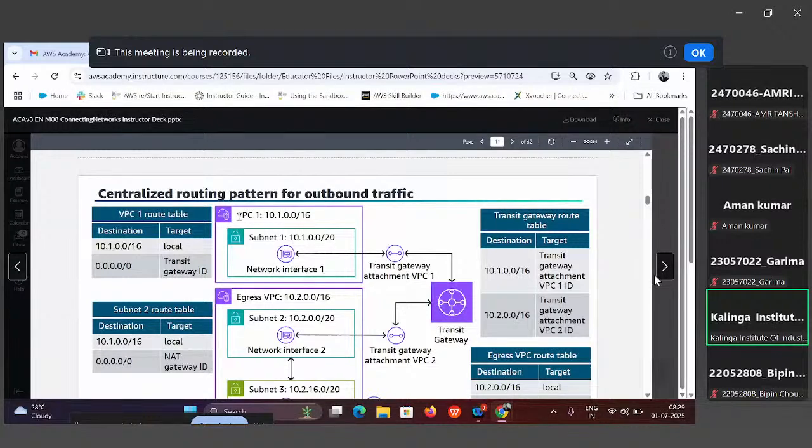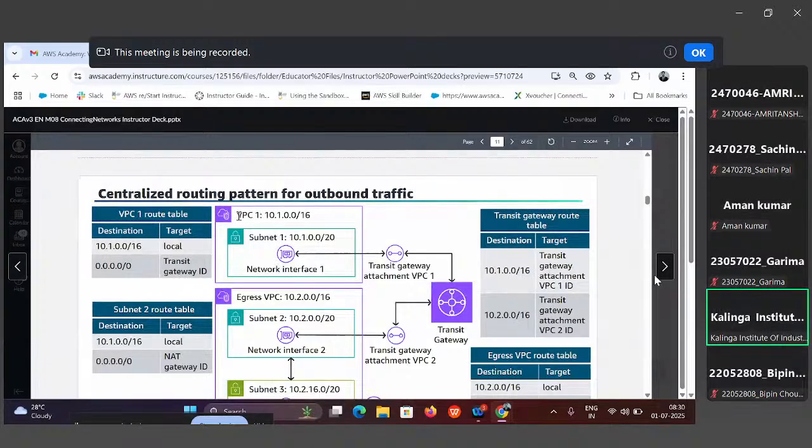When all are connected to one another, this particular egress VPC has the capability to handle all the outbound traffic from any other VPC whenever that packet is coming. So that is the main goal of this VPC.